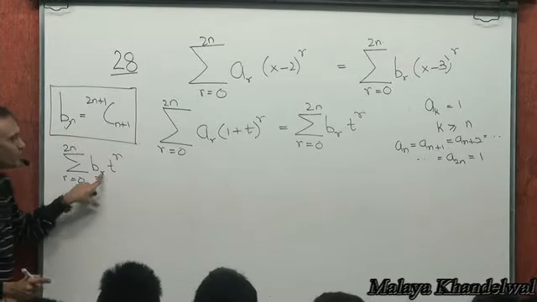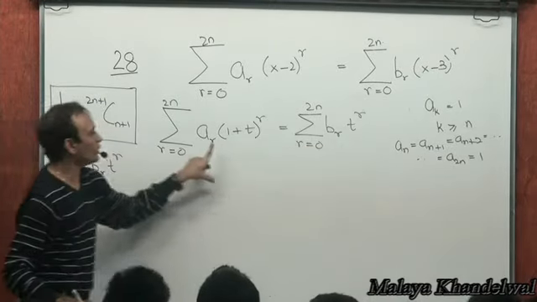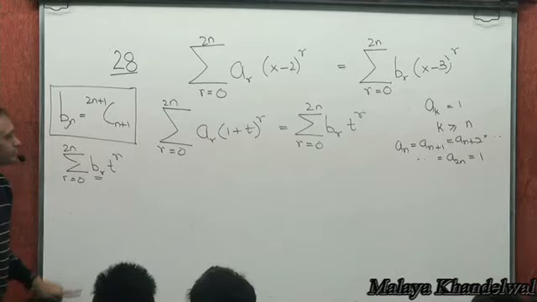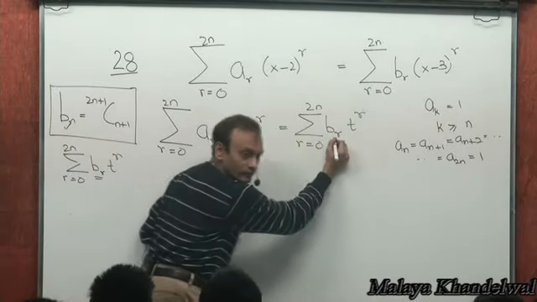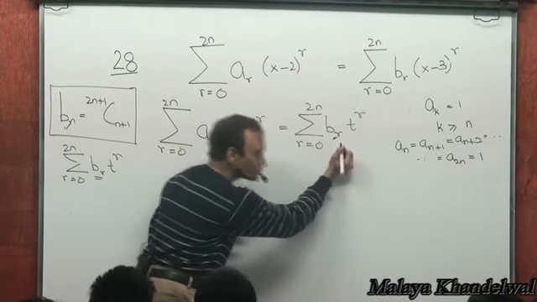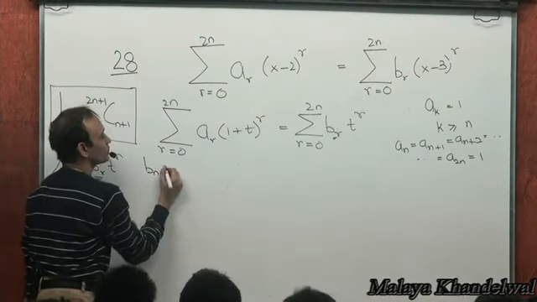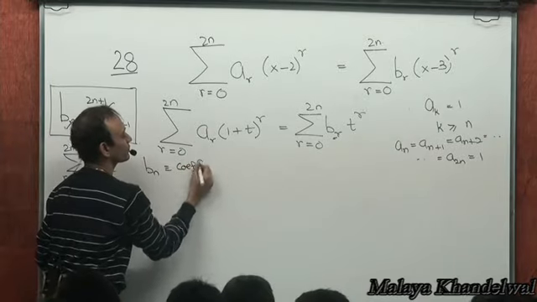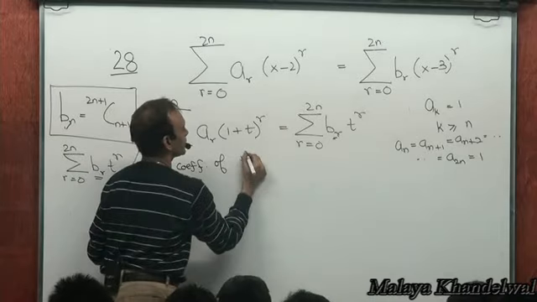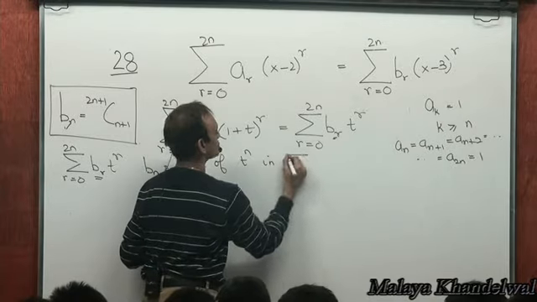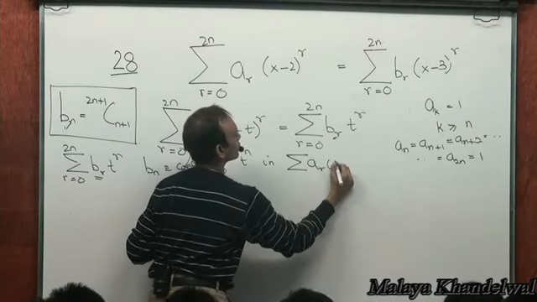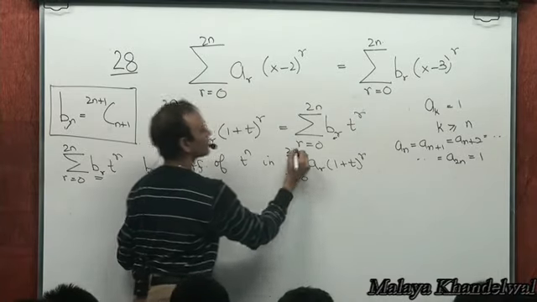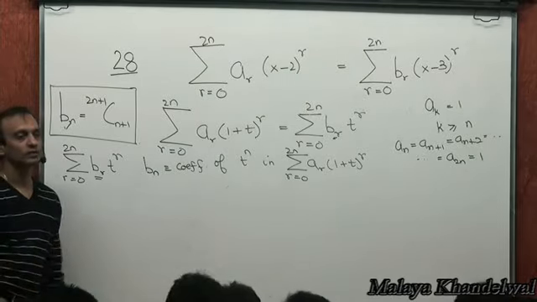So b_n must be the coefficient of t to the power n in summation a_r (1 plus t) to the power r, r equal to 0 to 2n. Yes or no?